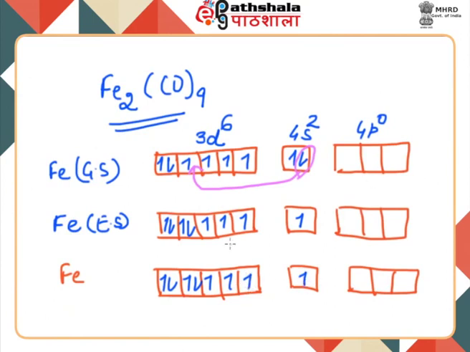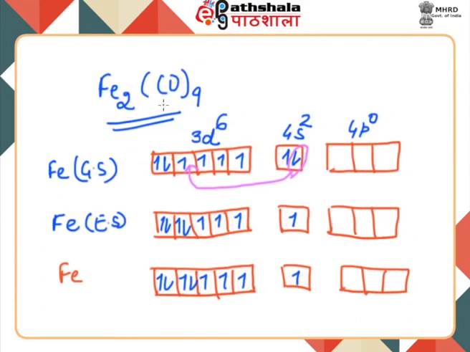Now what happens is, in the presence of these 9 carbonyls, let us try to understand how this metal carbonyl bonding takes place. Now you can see here that between this orbital and this orbital there will be formation of the sigma bond between the 2 iron, that is this iron and this iron.